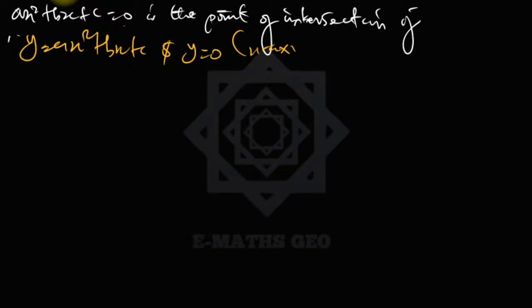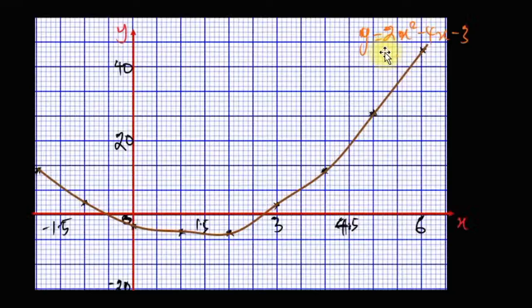So go to the graph. The question is telling us to go to the graph, wherever the, so another name for the x-axis is y equal to 0. This is y. So where did they intersect? So the answer is this point.